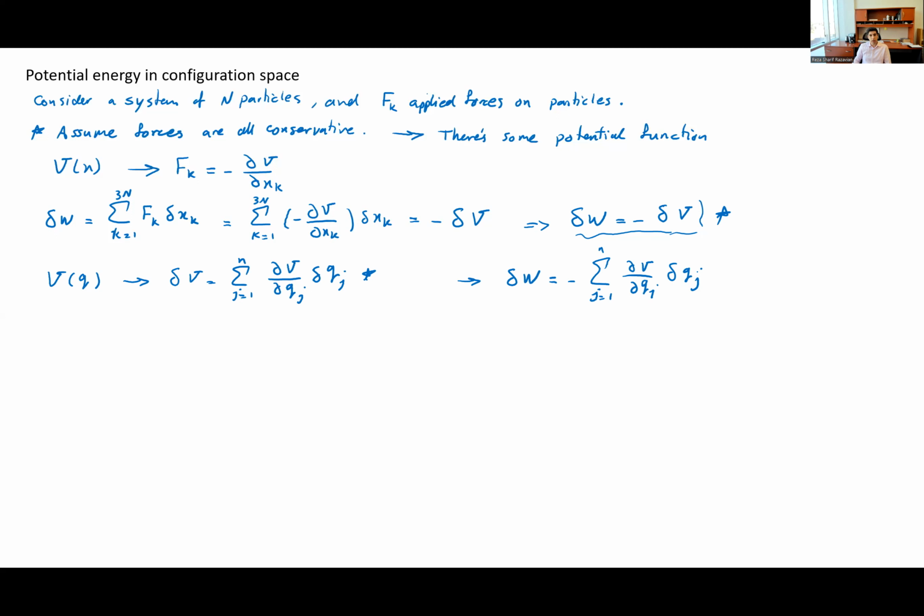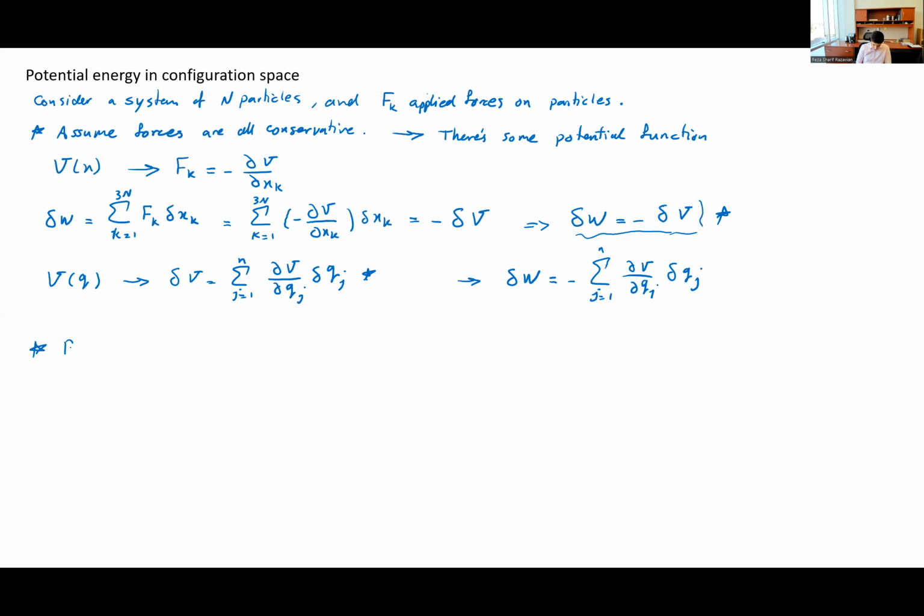So we can still write the virtual work as a function of the differential of a potential function, but now the potential function is written in the generalized coordinates rather than our actual, maybe Cartesian, coordinates.